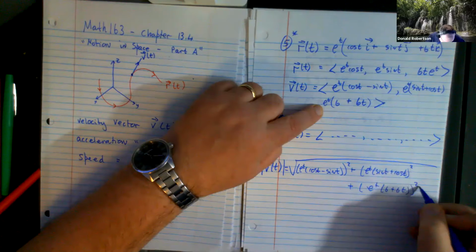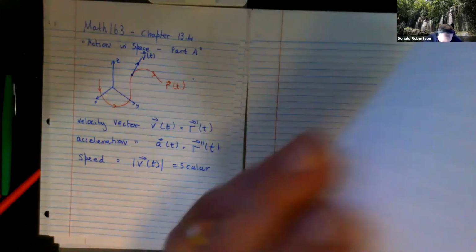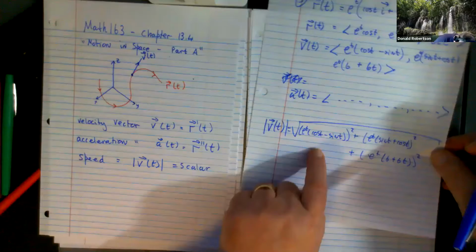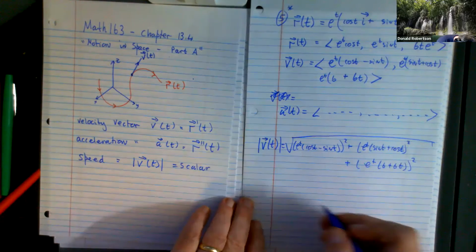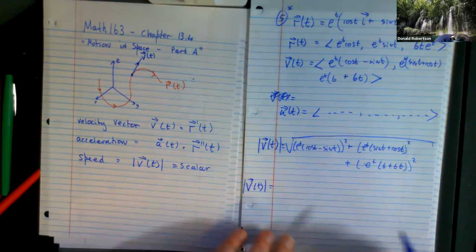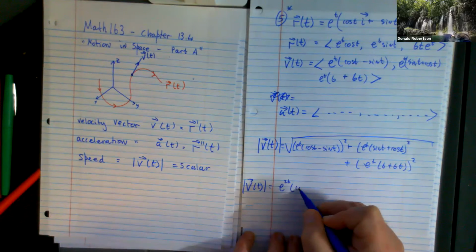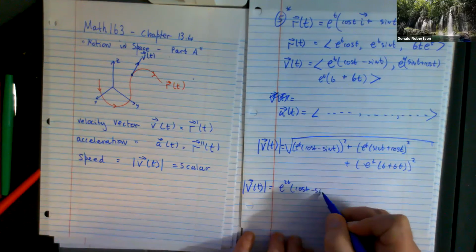And I'm just hoping that that horribleness turns into something kind of nice. That's my wish. Right, you square this guy, you get e to the 2t, and I'm just going to call this guy that guy right now.